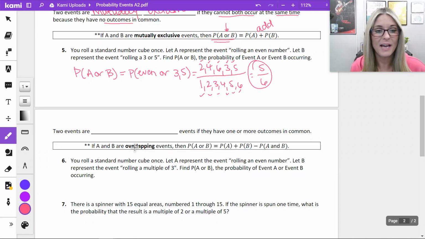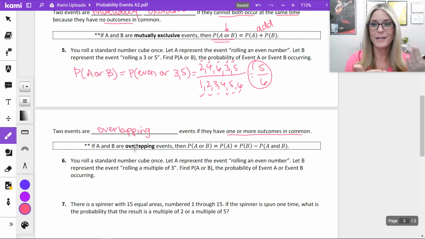On our second page, we have that 2 events are overlapping events if they have one or more outcomes in common. So in the last example, I couldn't roll a 3, a 5, and an even at the same time because they were totally separate events. But if they're overlapping, a little bit different story.